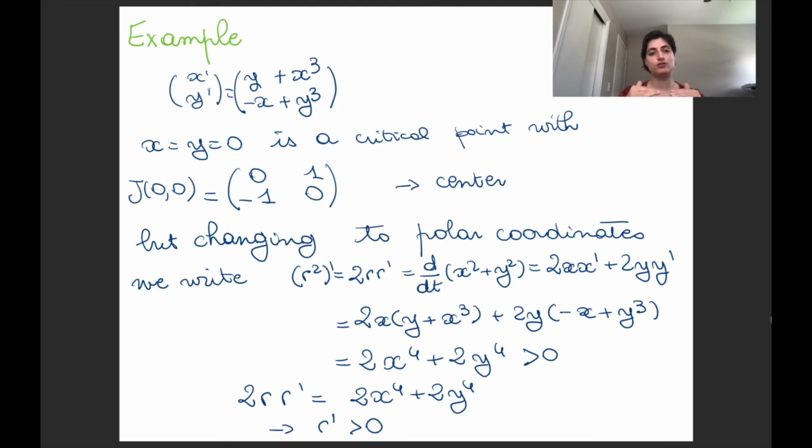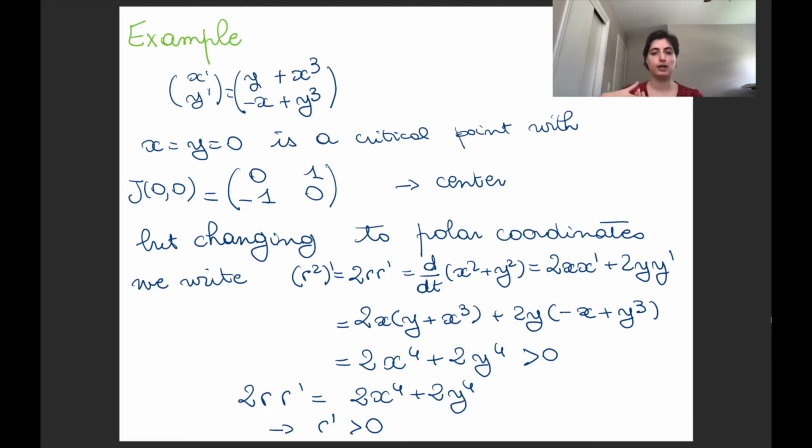But if we change our nonlinear ODE system to polar coordinates, to understand if we're indeed circling around 0, 0, we can write that the derivative of r squared is 2 times r times r prime. But the derivative of r squared is also d over dt of x squared plus y squared.